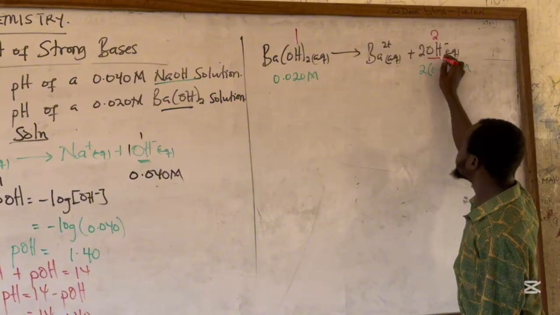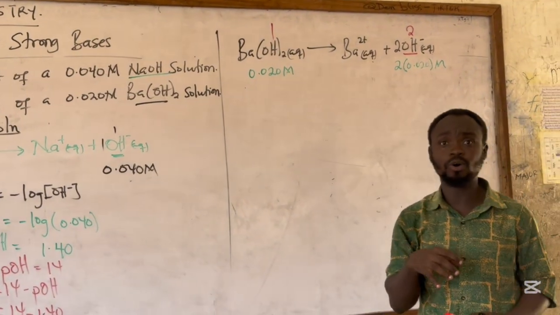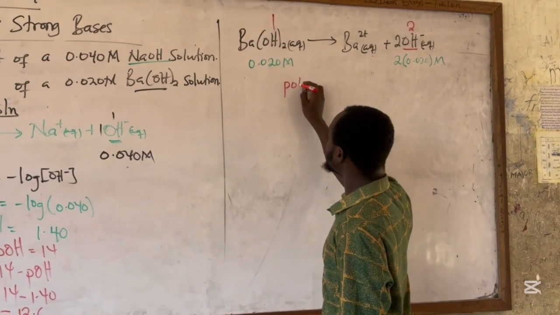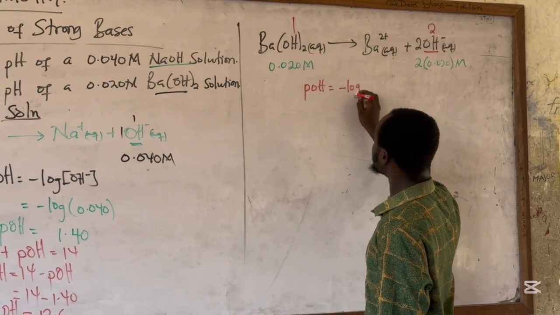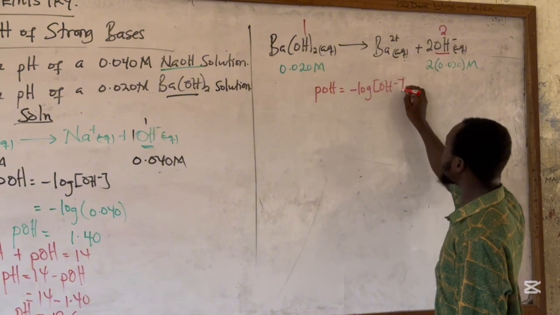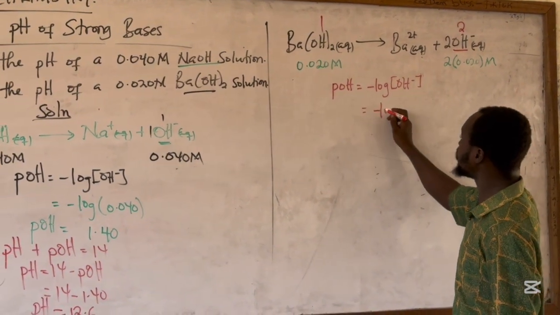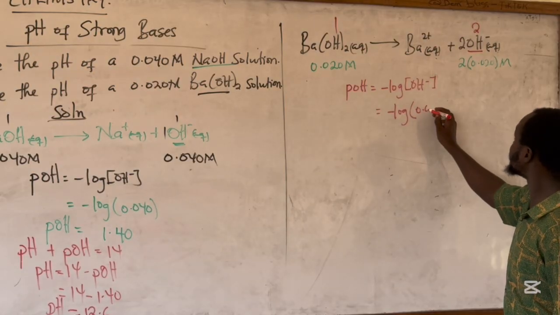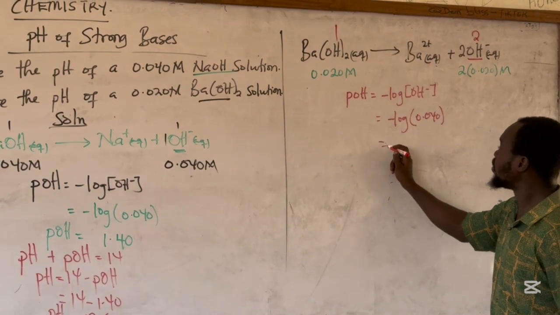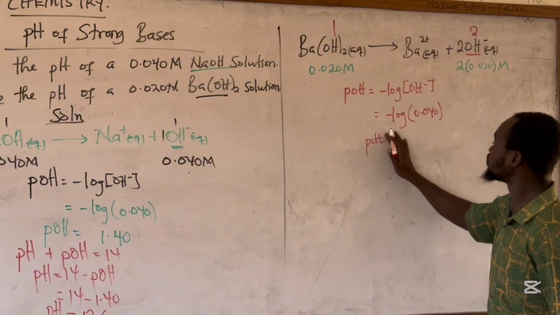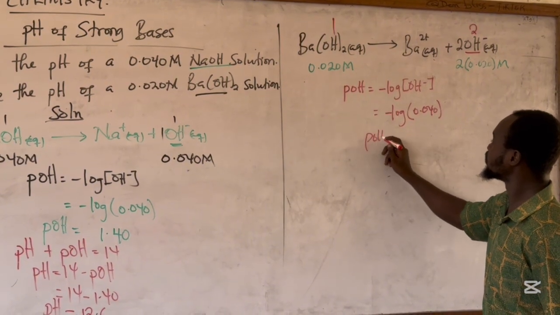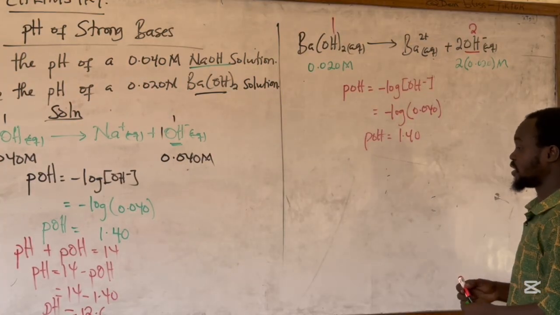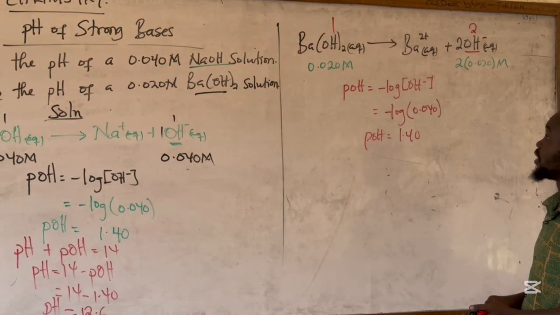Since it is OH minus ions we have, we calculate what we call the pOH. So first of all, we calculate our pOH, which is the negative log of the OH minus ion concentration. And this is the negative log of 0.04 molar. And what answer do we have for our pOH? 1.40.